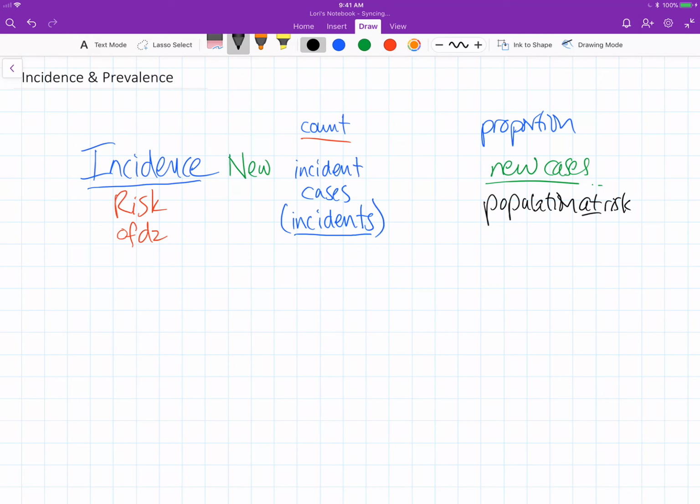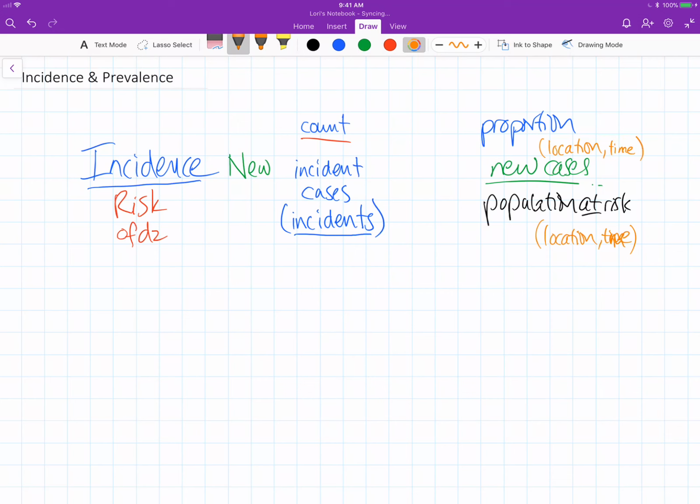And then we continue to further identify that equation by saying at a particular location during a specified time period. That's time, T-I-M-E, sorry about that. And the new cases would be in that same location during that same time period.